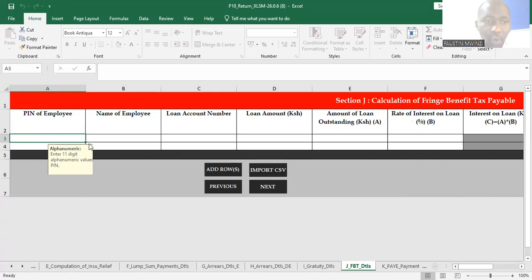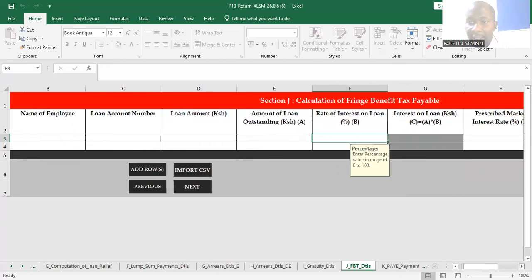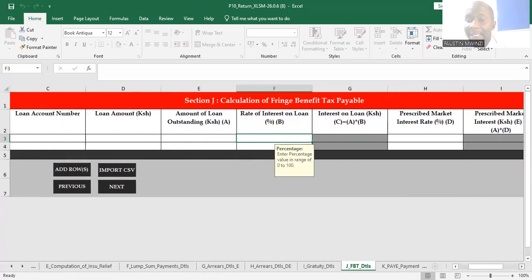The thing is, you'll have to come and enter here details of these employees with loans attracting interest at a low rate. Enter their details here, and you'll enter the loan interest amount, and you'll come here and enter the prescribed rate. You must be told the commissioner will publish details of the prescribed rates on every quarter.